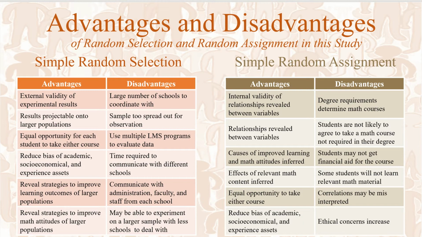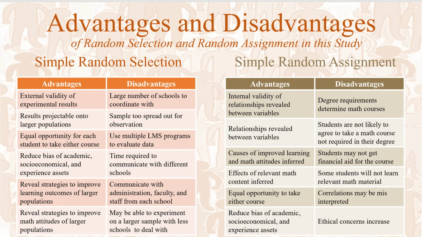Here's a review of some advantages and disadvantages of using simple random selection and simple random assignment. Simple random selection provides the external validity of the experimental results. The level of external validity provided by simple random selection provides results with outcomes that can be used to predict similar outcomes of larger populations.